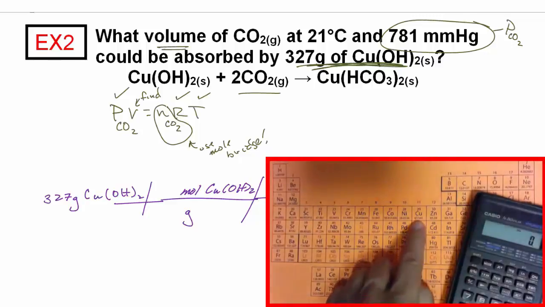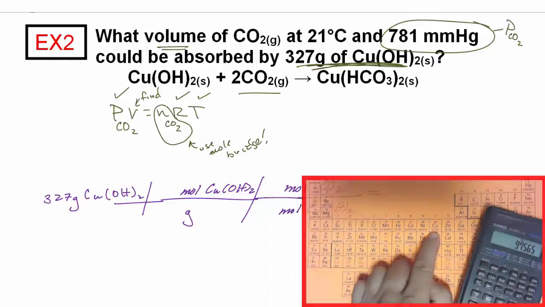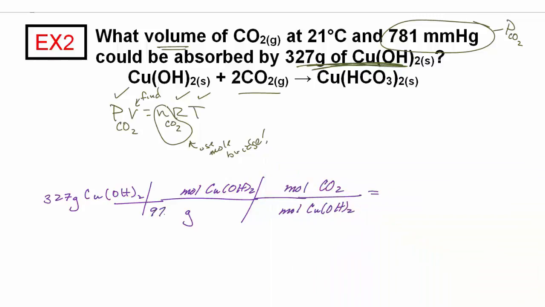Copper 2 hydroxide, 63.545 plus 32 plus 2.02, about 97.57 grams in a mole of that stuff. And in carbon dioxide, we've got 2 moles of carbon dioxide for every 1 mole of copper 2 hydroxide from the reaction. 6.7 moles of carbon dioxide.